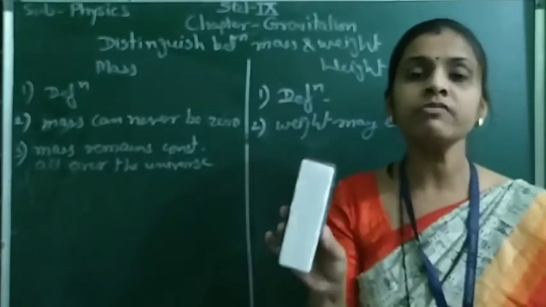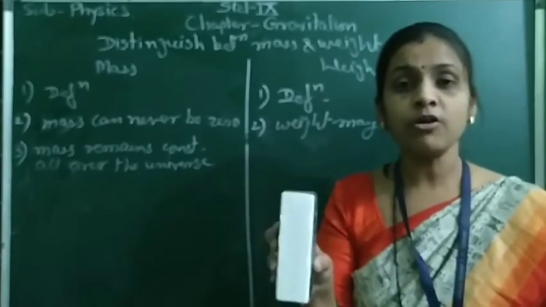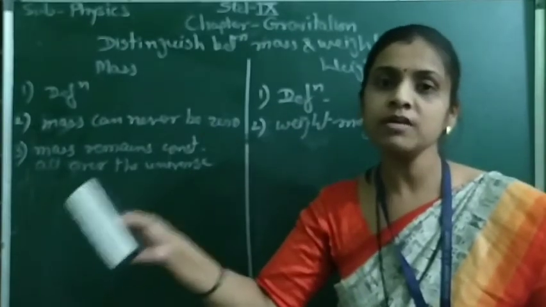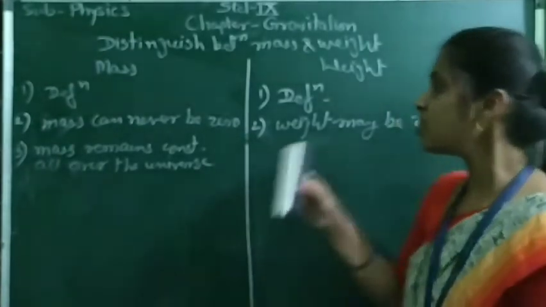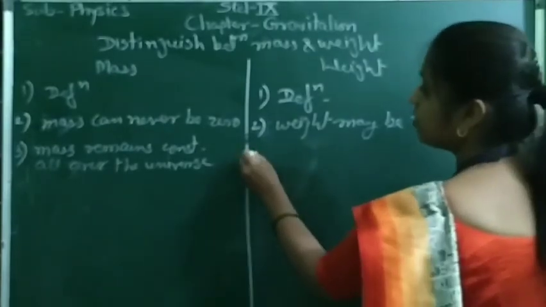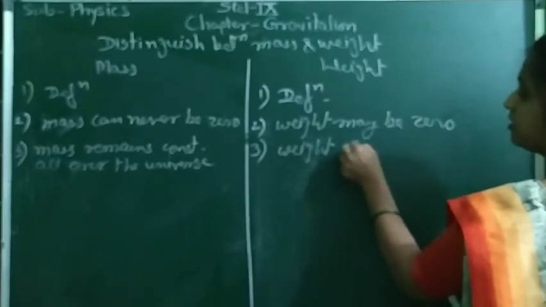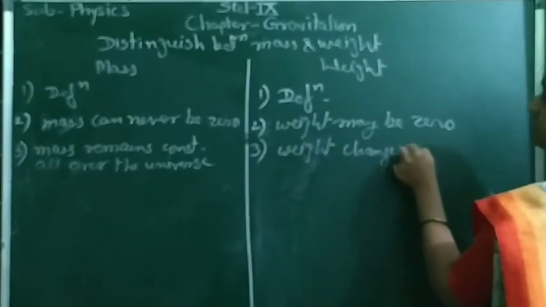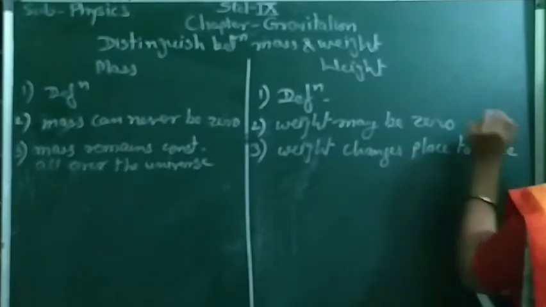So the object will be the same, but for that object the mass remains constant while its weight gets changed. And why does its weight get changed? Because of acceleration due to gravity. So the third point is weight changes from place to place.